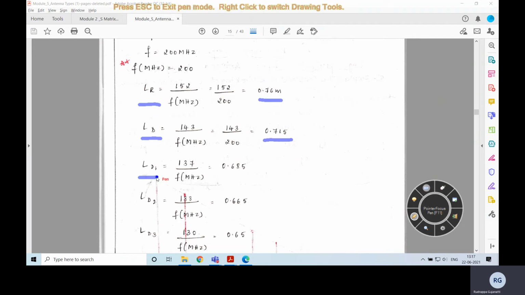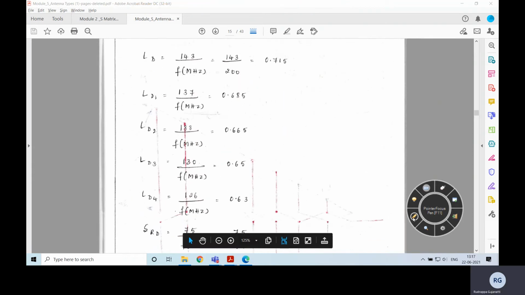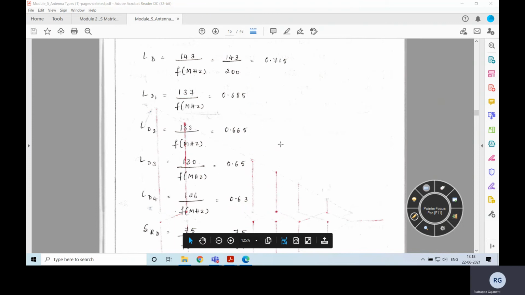The length of the first director is 0.685, the second director 0.665, the third director 0.65, and the fourth director 0.63. Looking at the lengths of the directors, there is hardly much difference; just around 0.01 or 0.02 between each of the director elements.